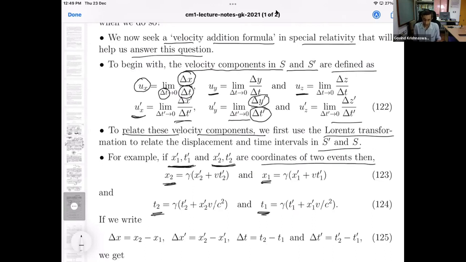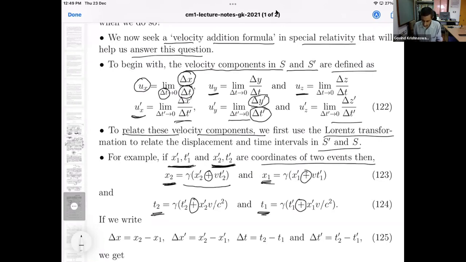Well, simply apply the inverse Lorentz transformation that we derived last time. Inverse Lorentz transformation means all the v's will come with plus signs. That is all it means. Use the same formula that we derived two classes ago. The x2 coordinate of the event with coordinates x2 prime, t2 prime is given by gamma times x2 prime plus vt2 prime.